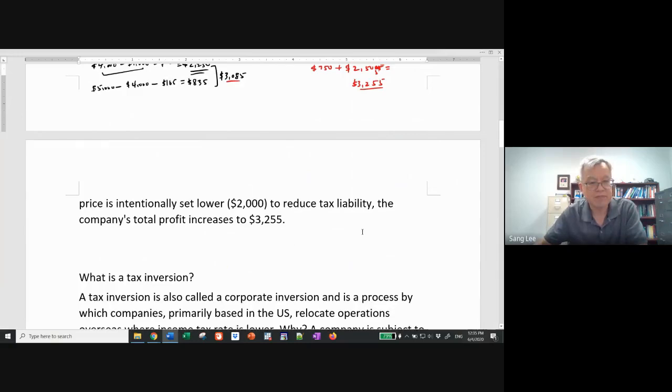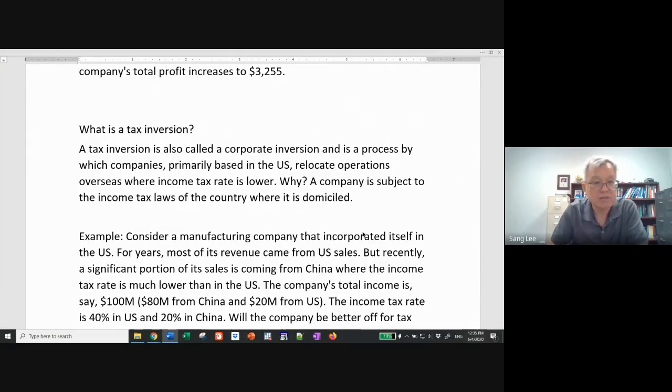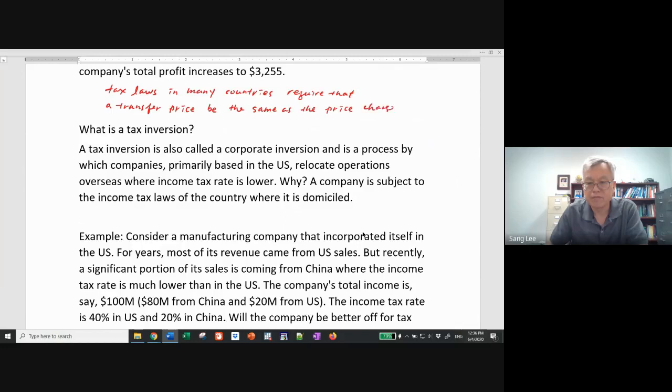So tax laws in many countries require that the transfer price be the same as the price charged to an independent buyer.